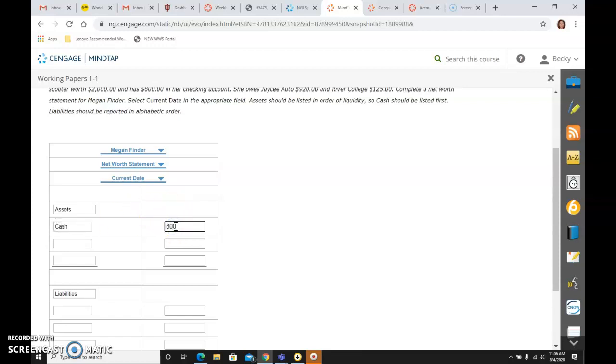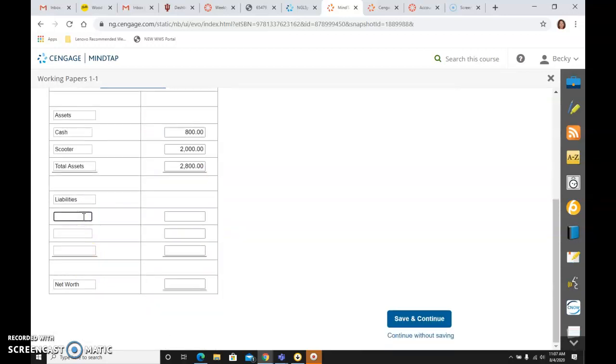Anytime you see a checking account or a savings account for a business, that's essentially the same thing as cash. And then scooter would be second, and it was worth $2,000. Our total assets then are $2,800, just adding these two together.